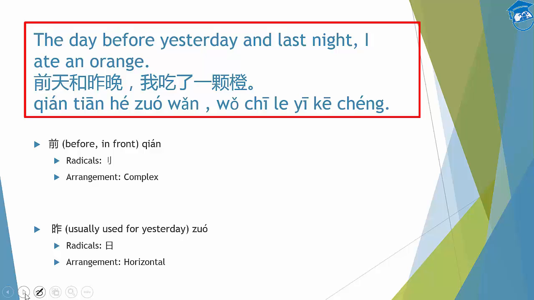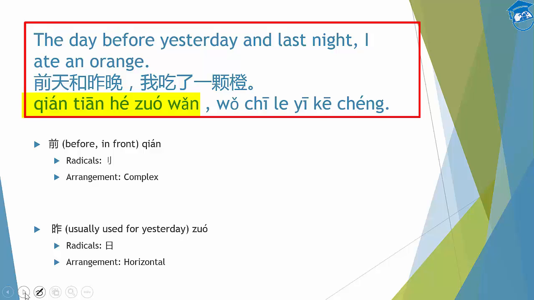In Mandarin, it is 前天和昨晚我吃了一颗橙. As you may have noticed, we have a shorter word for the day before yesterday, which is 前天. Of course, if you want to say yesterday, you can say 昨天.